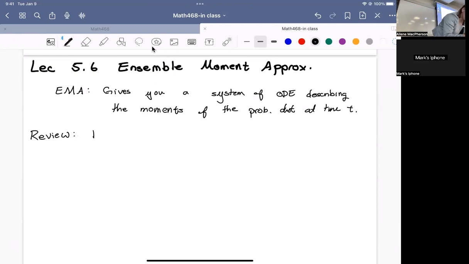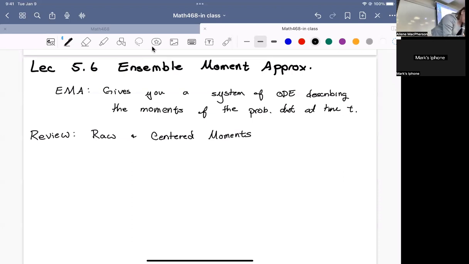We had two different kinds of moments. We had raw moments and centered moments. As we'll see in just a minute, the raw moments are much more natural to calculate.